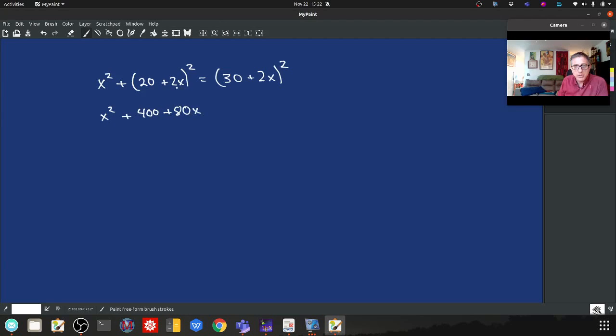And then my last term is (2x) squared. And we're going to use the same thing over here, special products. 30 squared is 900. The middle term is 30 times 2x, which is 60x, times 2. And then I have (2x) squared.